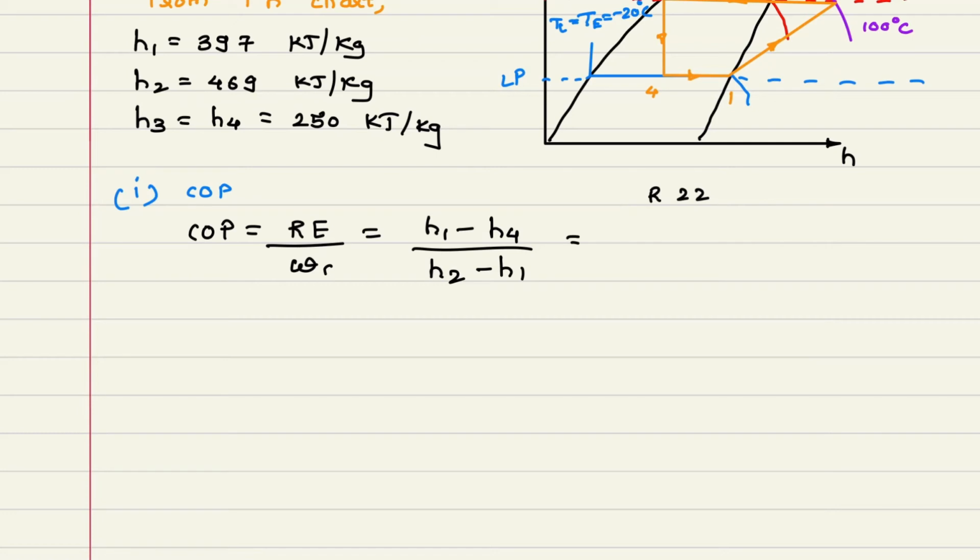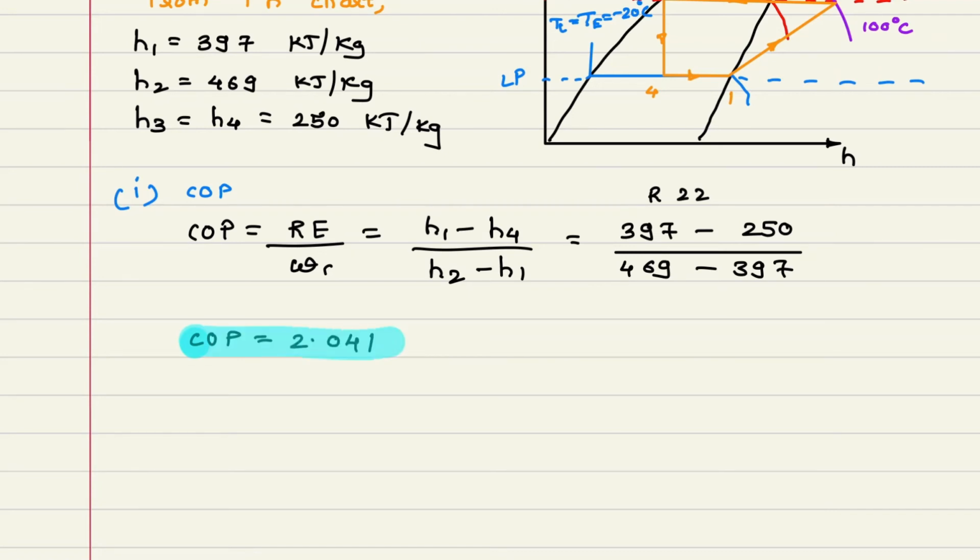Substitute the values: 397 minus 250 divided by 469 minus 397. So COP is equal to 2.041. This is answer number 1.